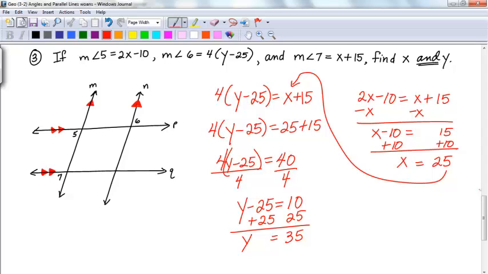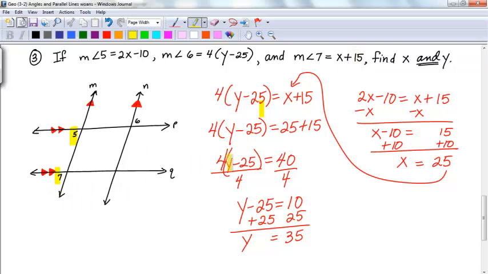Now you should be able to check your answer. If I want to know, did I get the right answer? Put 25 back in for x. 2 times 25 would be 50, minus 10 would be 40. So this angle is 40, and it should be equal to this one. 25 plus 15 is 40.